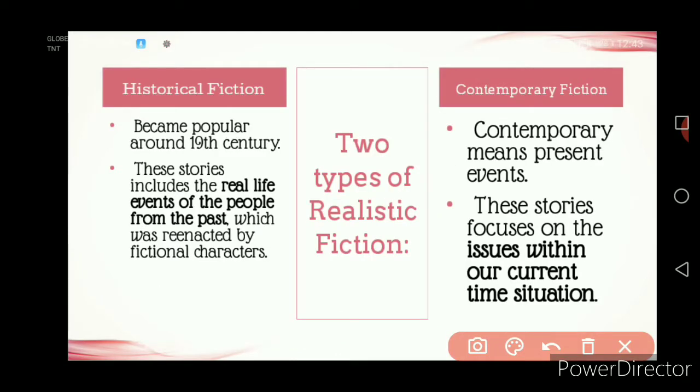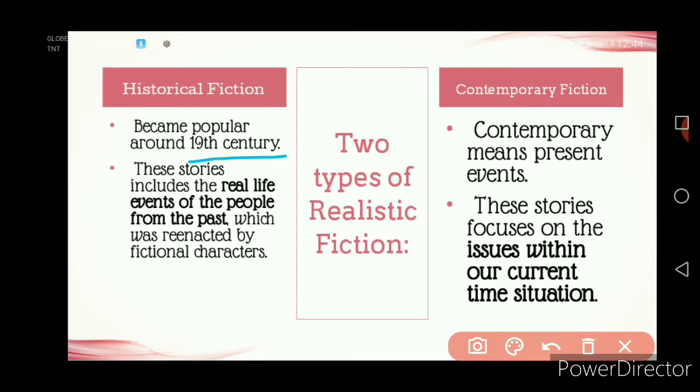Realistic fiction is divided into two types. First, historical fiction. These were popular in the 19th century. The writers were inspired to write stories which convey the social condition of their country. Usually this involves the lives of the people during the World War and Revolution.